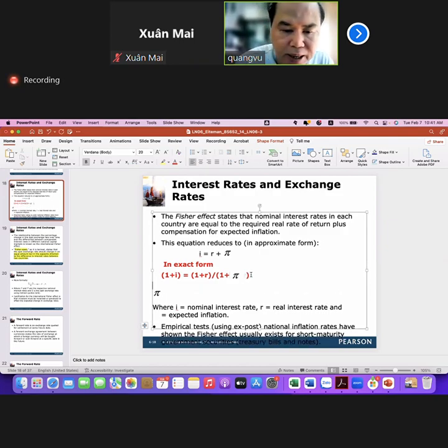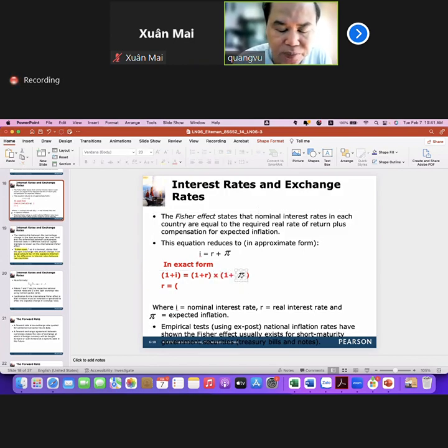Okay, and then it's easy for you to compute the real rate that you actually earn after 1 year of your bank deposit. You put your money in the bank deposit account, right? How much return do you actually earn? Now you have the real rate equal, sorry, this is multiply, not divide.